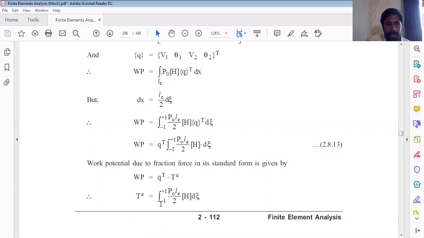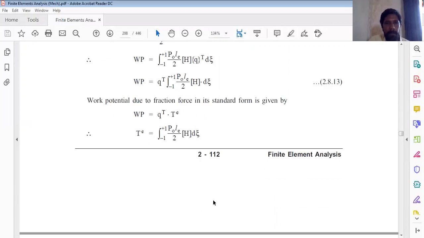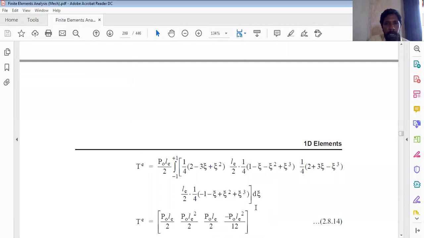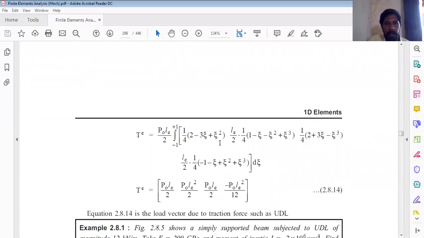So traction force is therefore equal to the integration. When you compare this with the previous equation, it is integration from -1 to +1 of P naught Le by 2 H d zeta. The H terms we know. Ultimately, when you integrate this and substitute the upper and lower limits, we will get T equal to P naught Le by 2, P naught Le square by 12, and there is a slight correction, it is 12 here, and P naught Le by 2, minus P naught Le square by 12.